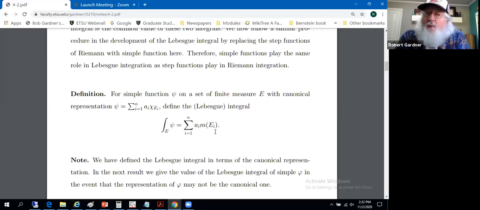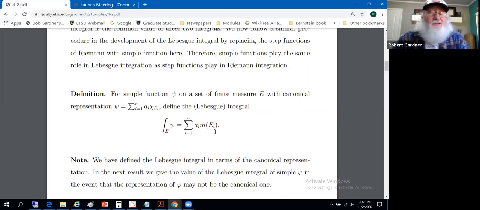That's what I've been really tempted to call a Lebesgue sum. We dealt with Riemann sums by drawing little rectangles. An alternative interpretation of those little rectangles is an integral of a step function. So here we've got an integral of simple functions. I could think of these as kind of like Lebesgue sums.